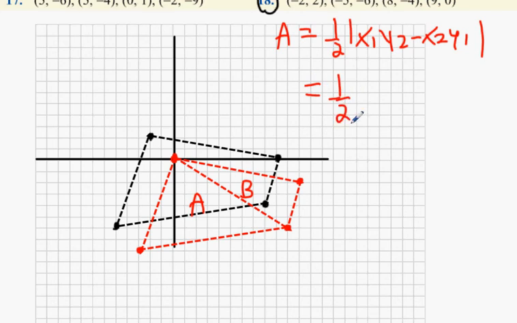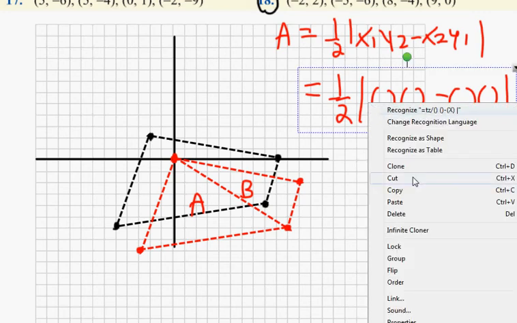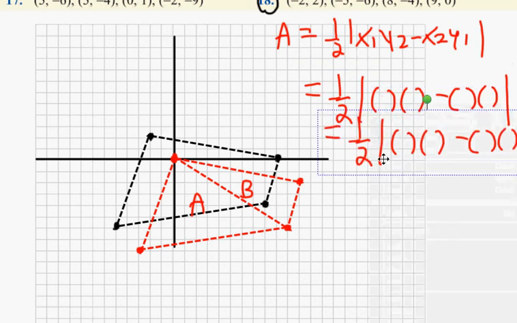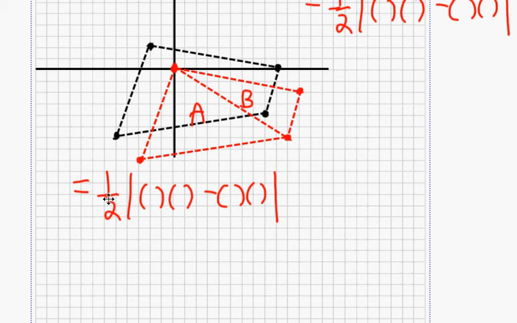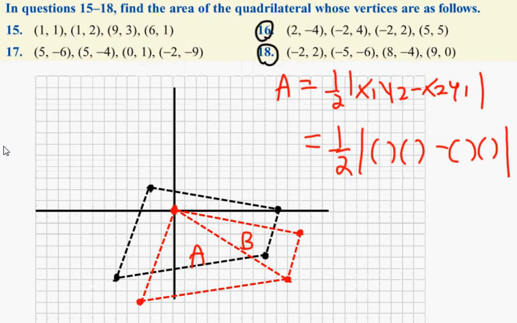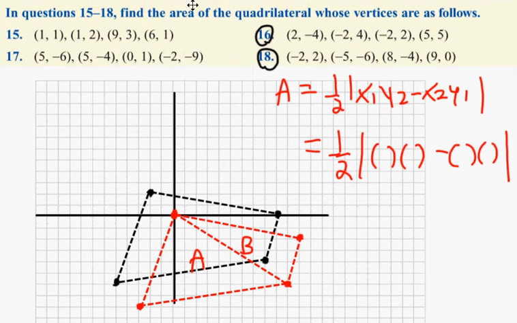It's a half bracket bracket minus bracket bracket. I'm going to use that a second time, so I'll copy that down here and use it later on for B, because I'm lazy. Now, what we're going to do next, guys, is find out the points. So we'll start off with A.